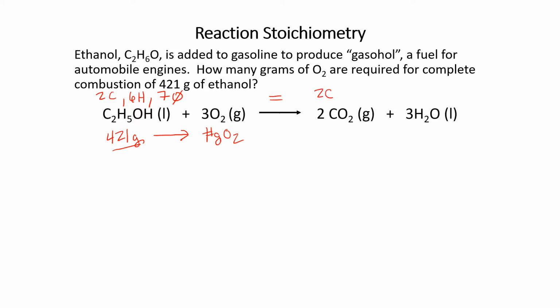So we got 2 carbons here, we have 3 times 2, that's 6 hydrogens, and then I have 2 times 2, so that's 4 oxygens here, and then I have 3 times 1, that's 3 oxygens here, so that gives me a total of 7 oxygens. Okay, so I'm balanced.